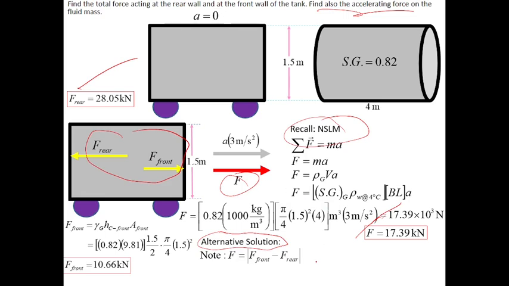So we get front minus rear, and we will obtain an answer of negative 17.39 kilonewtons. Therefore, the magnitude of that is 17.39 kilonewtons. So the absolute value is 17.39. That will give us an answer of the accelerating force equals 17.39 kilonewtons. So that's it.